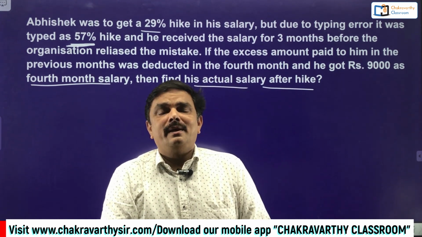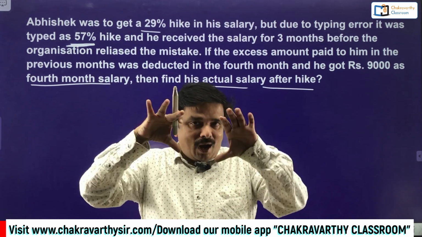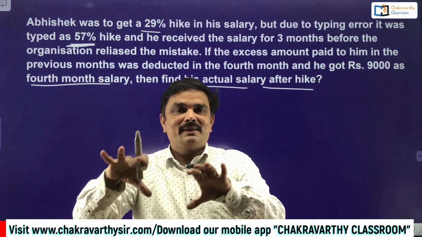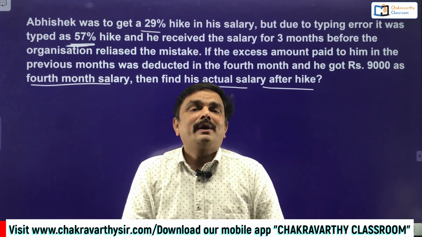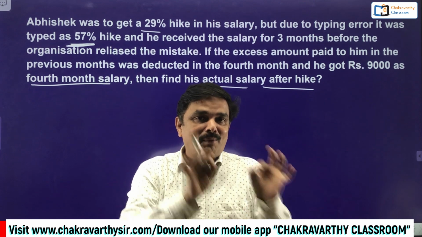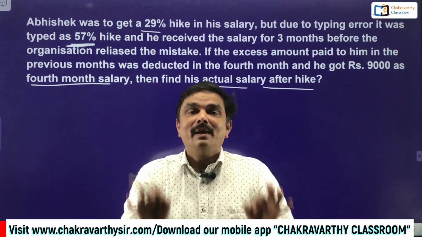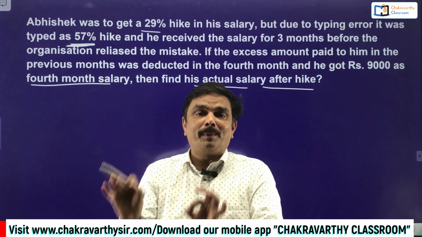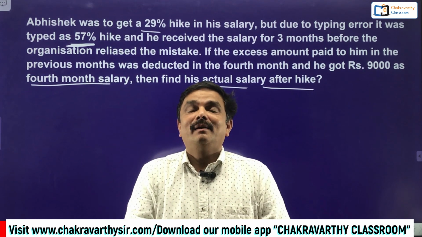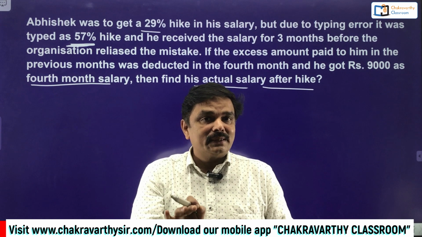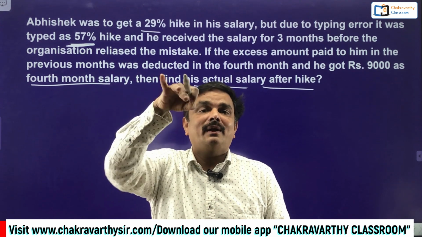He took that salary for 3 months. Then after 3 months, management realized that and wanted to deduct the excess amount from his 4th month salary, and as a result he got only 9,000 rupees in the 4th month. If that is the case, what was his original salary after hike?